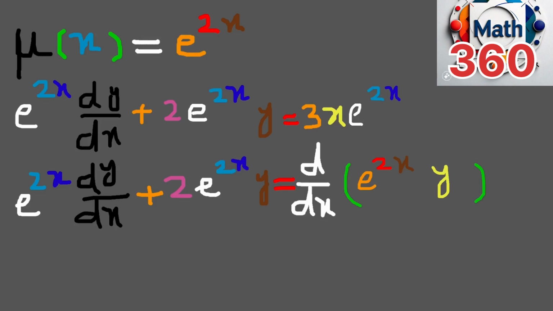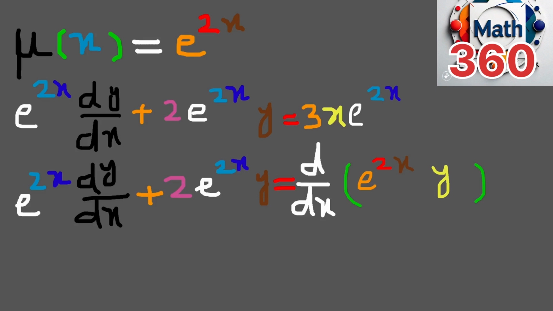Before the transformation, we had to deal with both dy/dx and a function y separately, along with their coefficients. After applying the integrating factor, these terms combine into a single derivative, reducing the complexity of the equation and making it more amenable to direct integration.